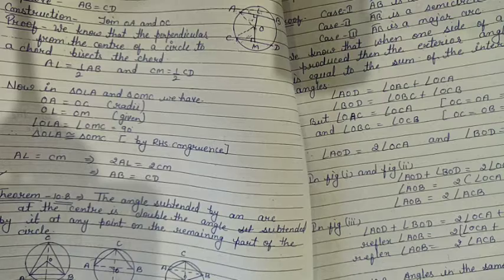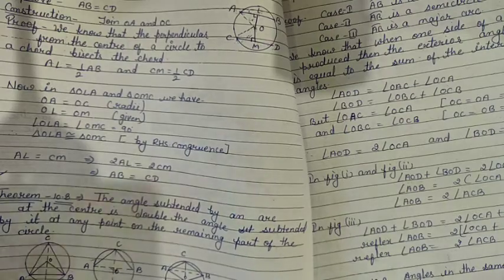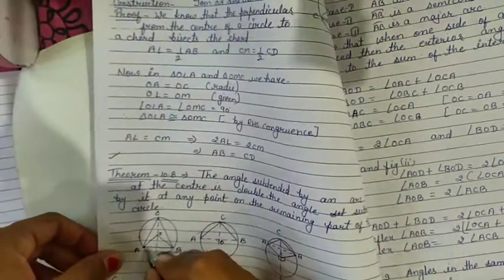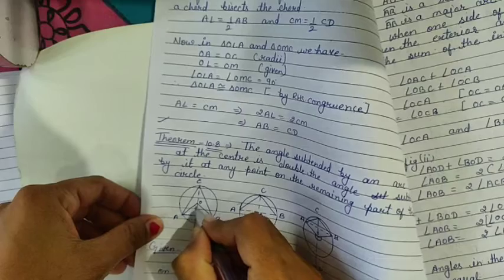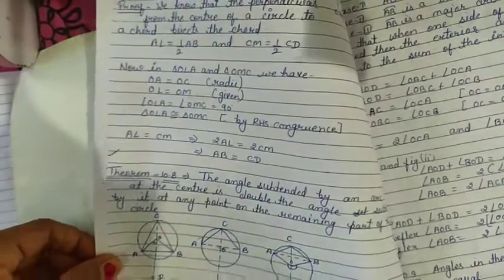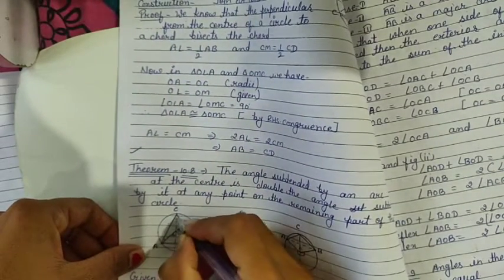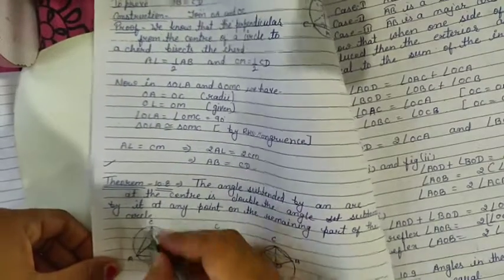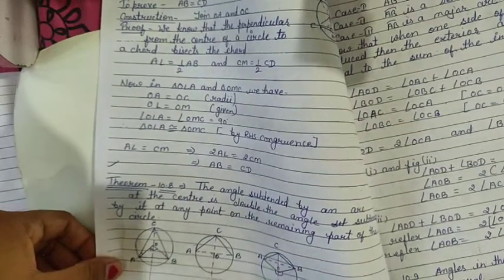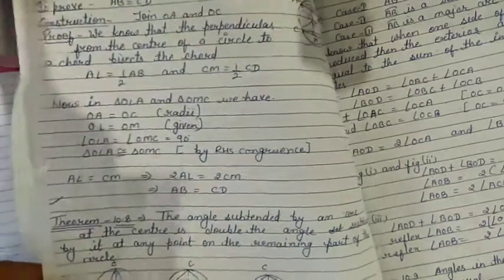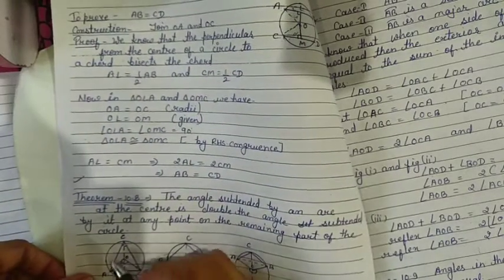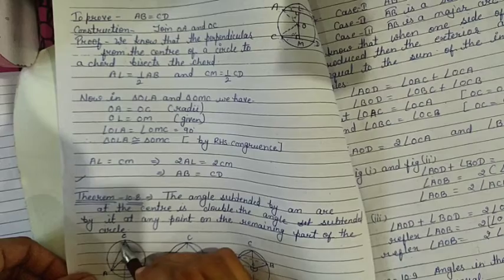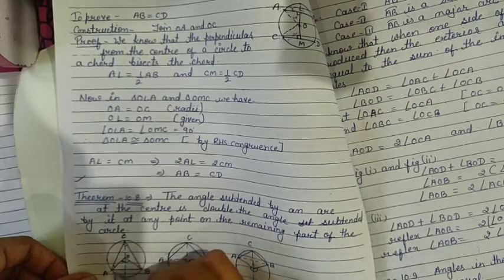You all know very well that the exterior angle of a triangle equals the sum of the opposite interior angles. So AOD is an exterior angle and its opposite interior angles are these two angles. It means AOD equals OAC plus OCA.